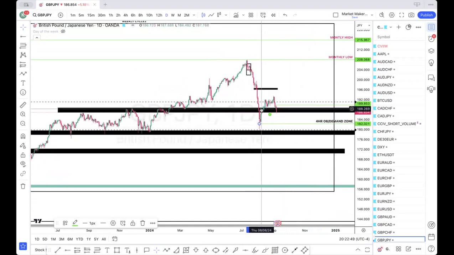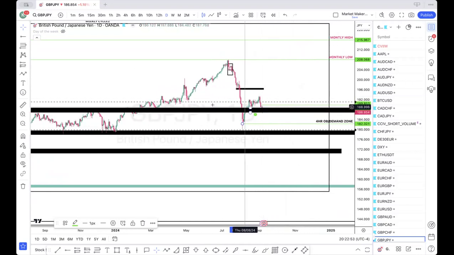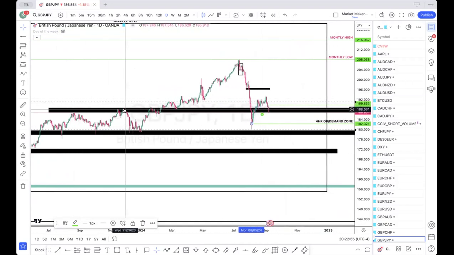I am not going to trade anything in between. We're currently at a zone, as you can see here, daily, daily, daily, daily. Resistance, resistance, resistance, resistance became support. And then we broke out and now it's become support again right here.